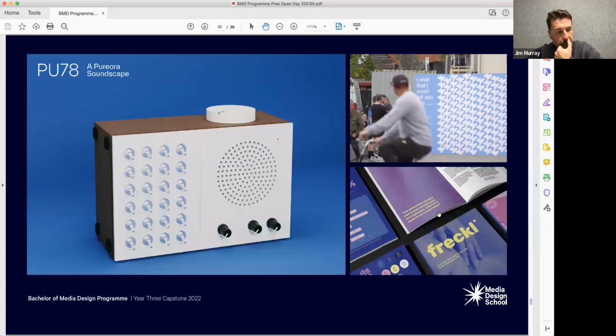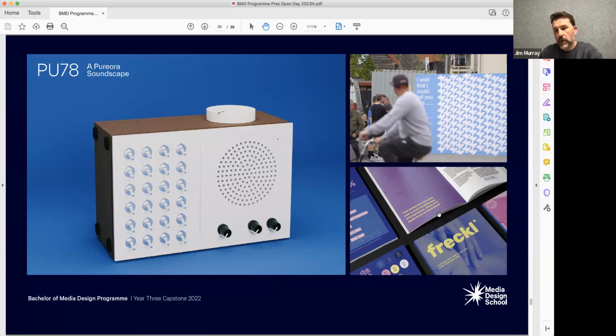And here are some examples of last year's outcomes for capstone that will be soon entering into the best awards that have come up this year. Bottom right-hand corner is an application and a brand for an app that helps you measure and keep track of moles that are on your skin to fight skin cancer.